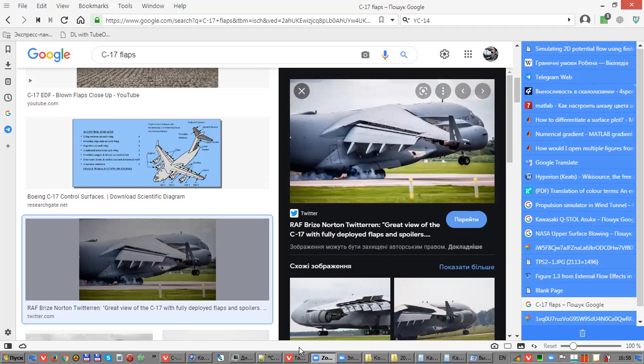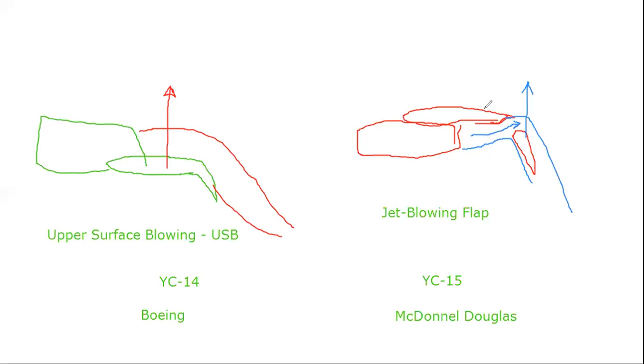So, return to the sketch. There are two different configurations, and in the first, lift is very good, but drag is also high. So poor cruise condition.